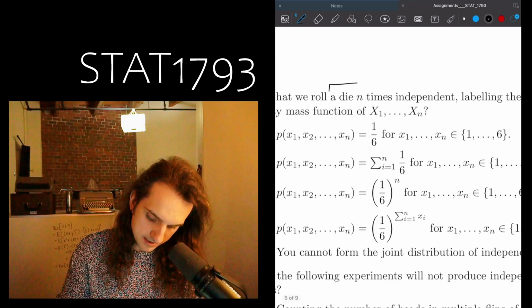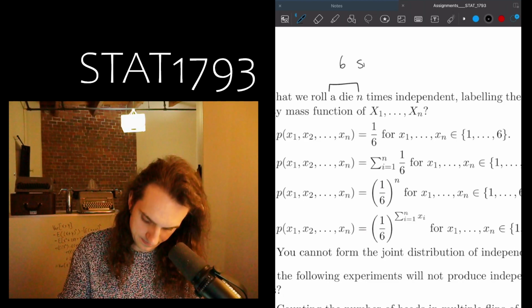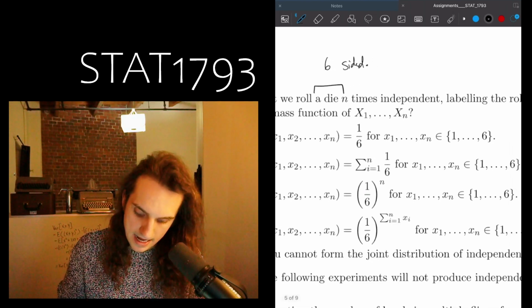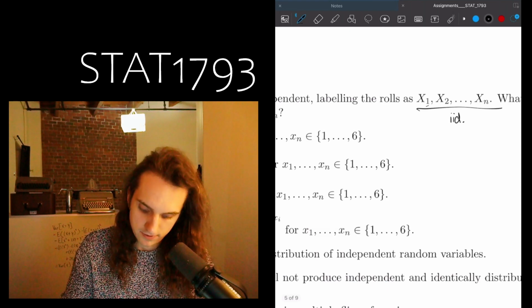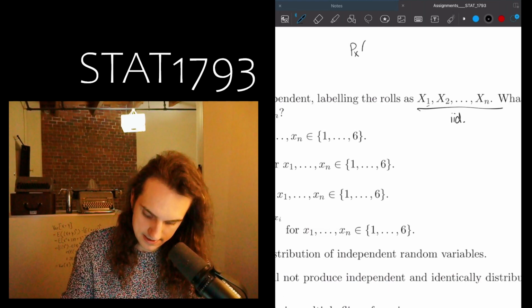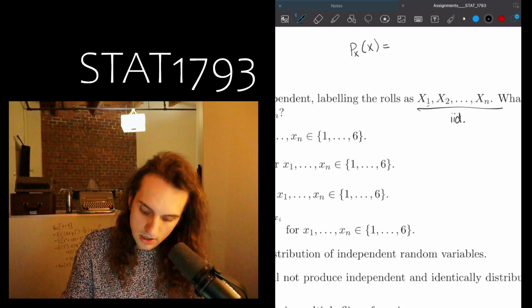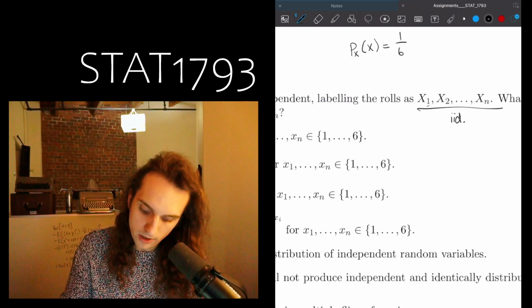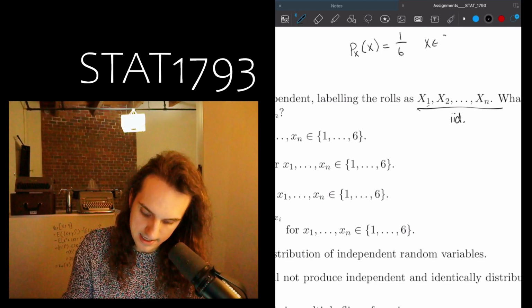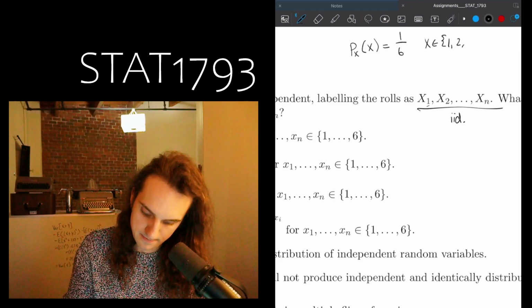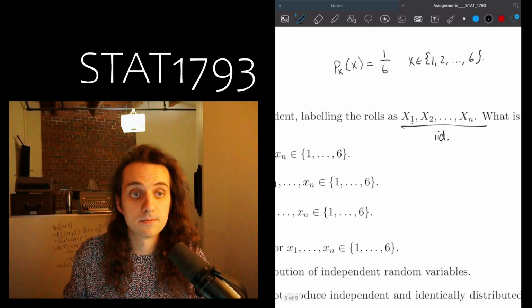We're going to assume this is going to be a 6-sided die, right? And so what is the probability mass function for that, right? So if we take px, well, we know that it's equally likely, right? It's going to be 1 over 6 that x comes up any of the values between 1 and 6. And we've seen this come up plenty of times throughout the course so far.